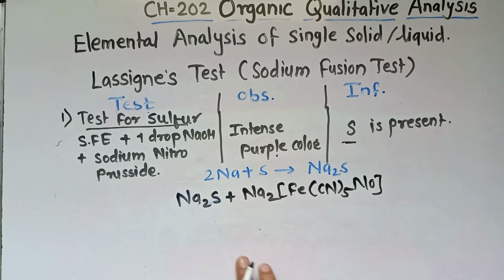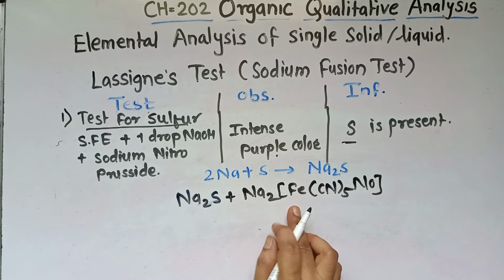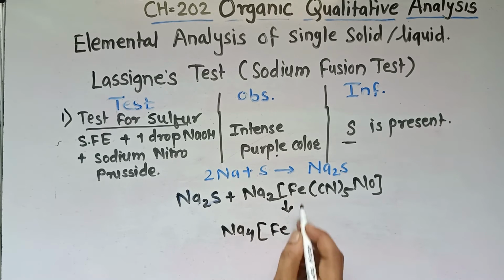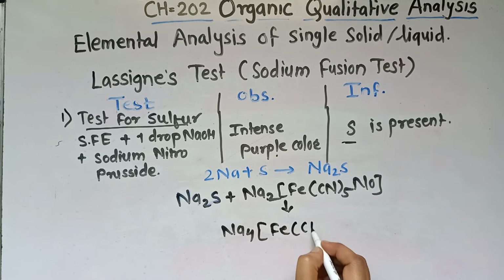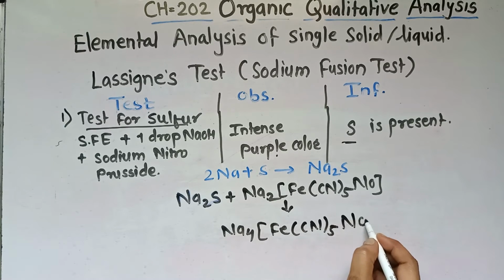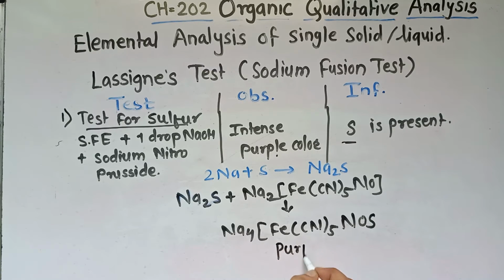This is the formula for sodium nitroprusside, and it forms Na4Fe(CN)5NOS. This shows an intense purple color, and we conclude that sulfur is present.